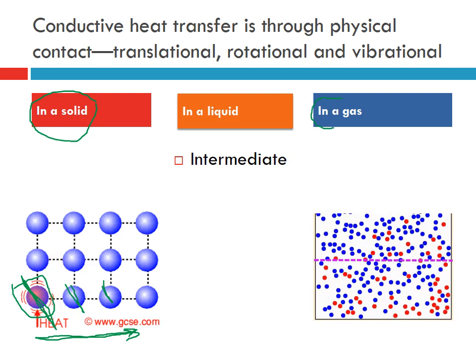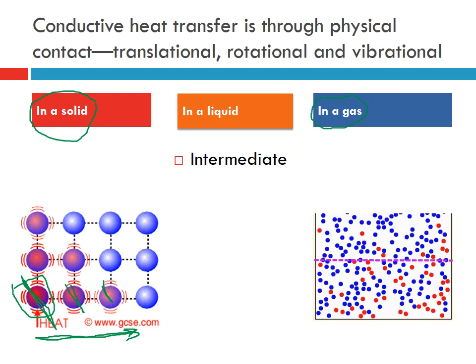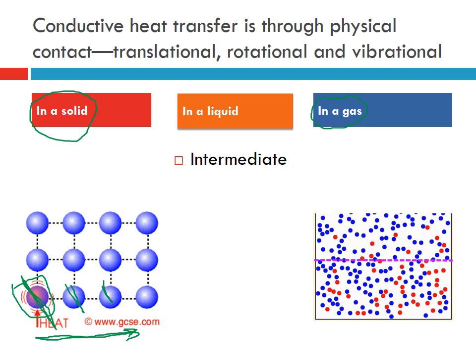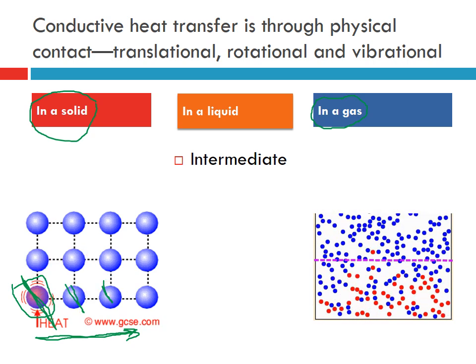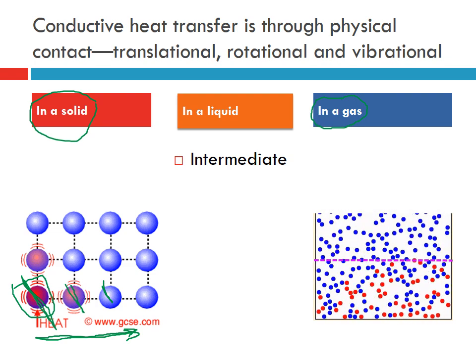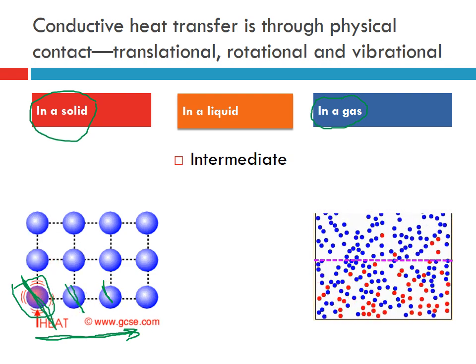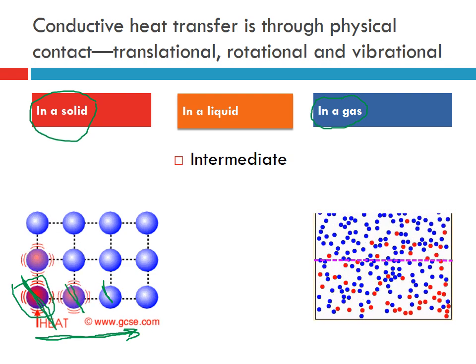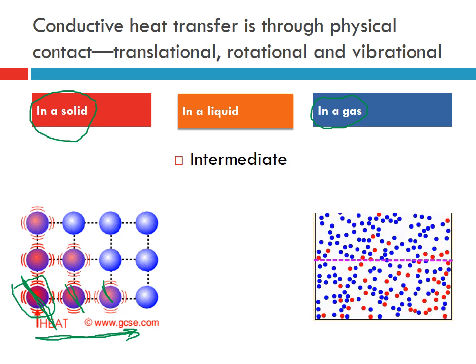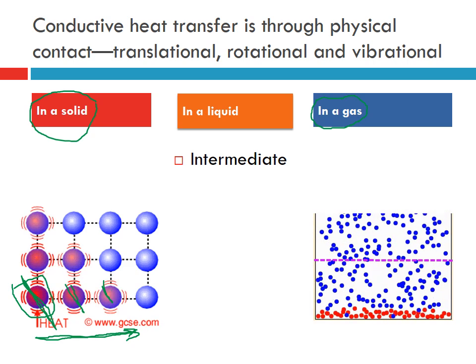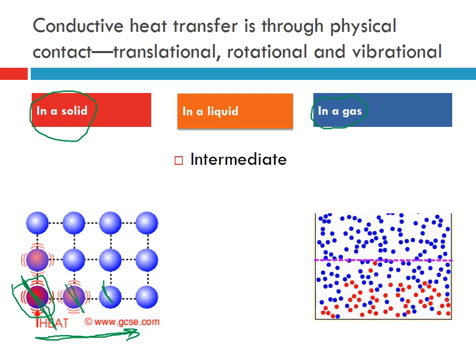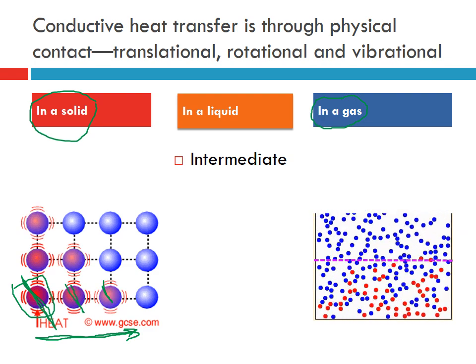In a gas, on the other hand, the situation is slightly different in conduction. So let's look at these red molecules in a gas, which are hotter, so they have more energy, whereas the blue ones have less energy. Now, as the red collides with the blue, it transfers energy to the blue molecule.